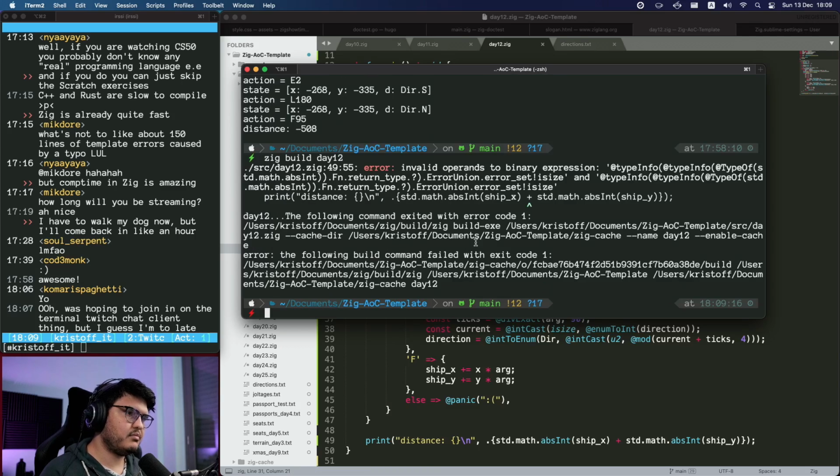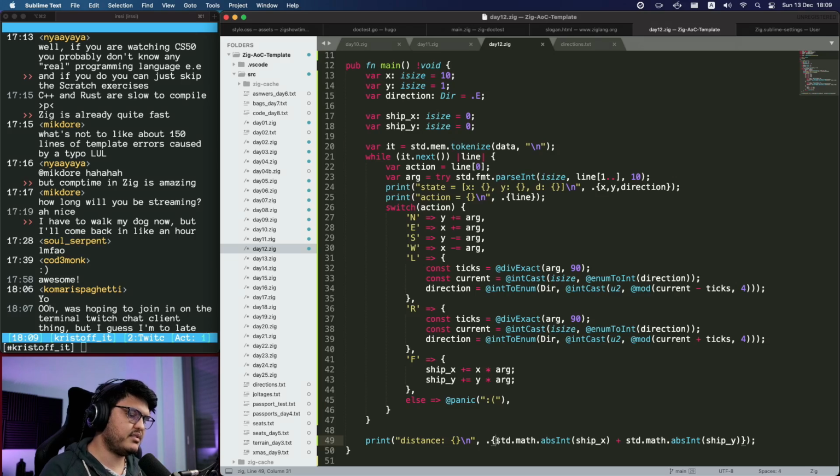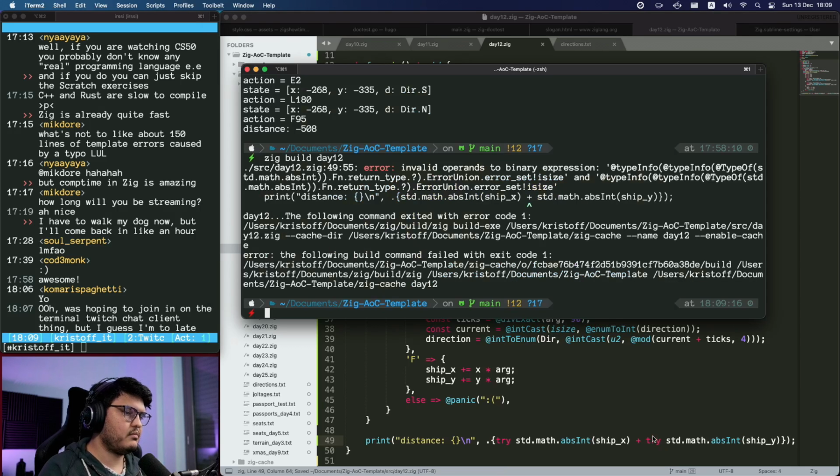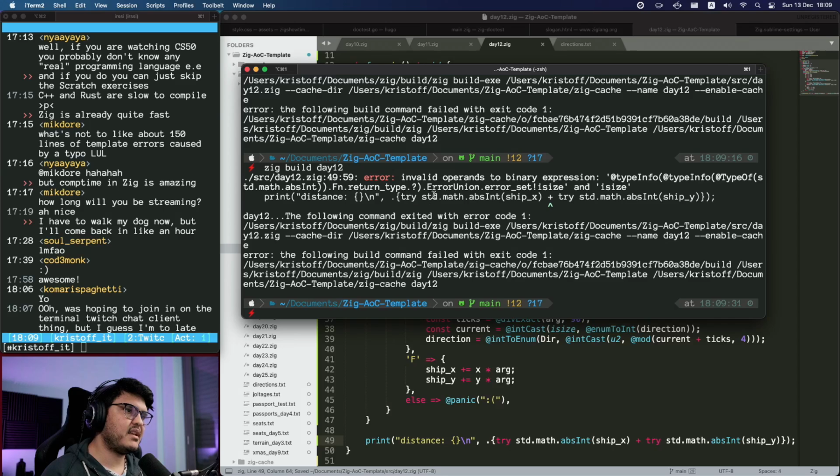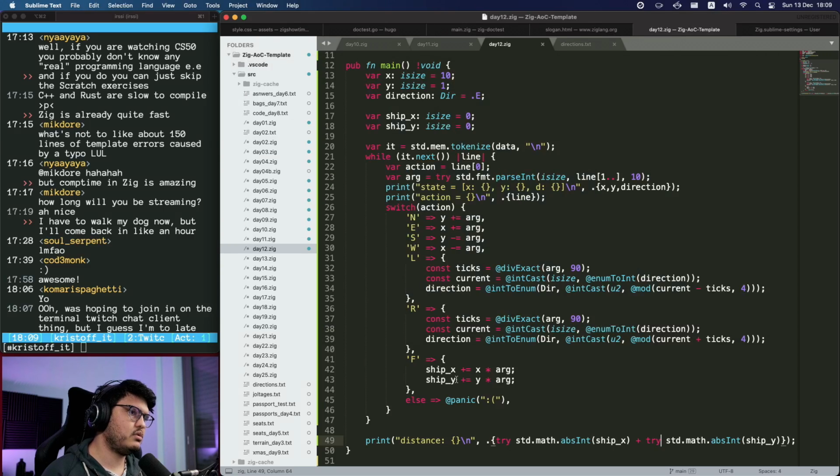So, are we good? No, compile error, of course. Invalid operands to binary expression. Oh, because this stuff can fail. Try. Invalid operands to binary expression, return type question mark. Oh, wait. Error union, error set, isize and isize.